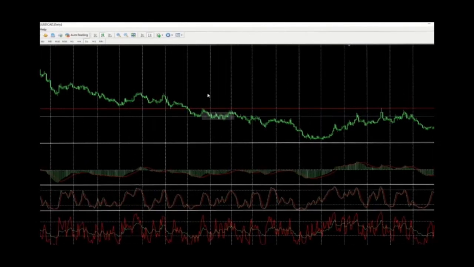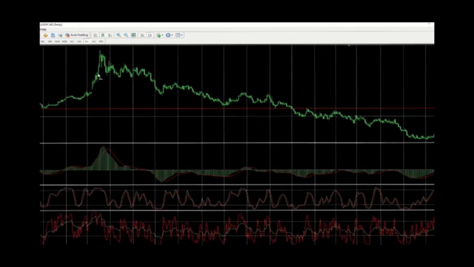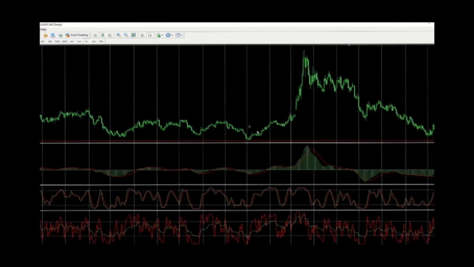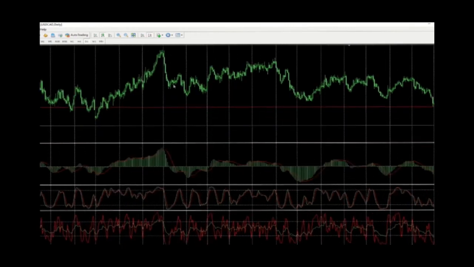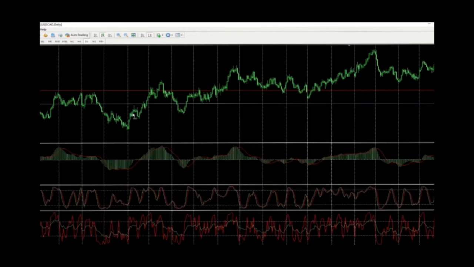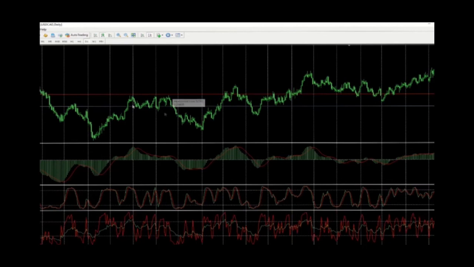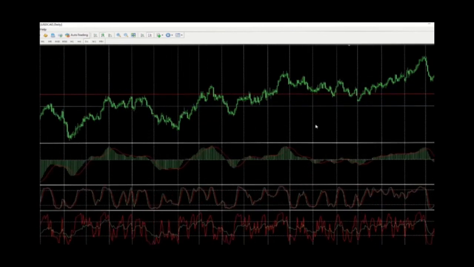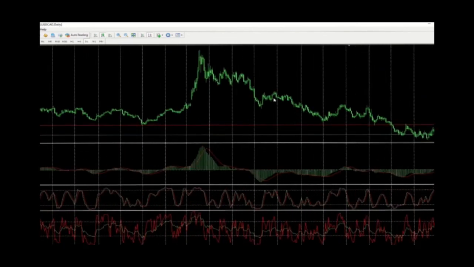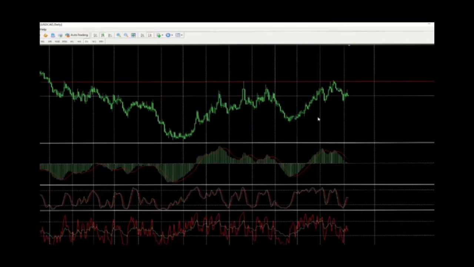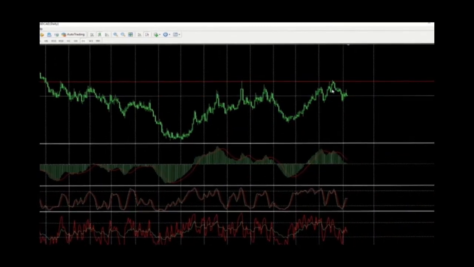And see this one here, another touch, an obvious touch here, and here and here. That's more than enough for me, okay? And then I would have waited for the market to come up to my level, which they did.